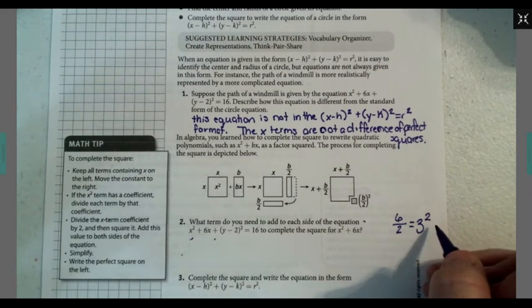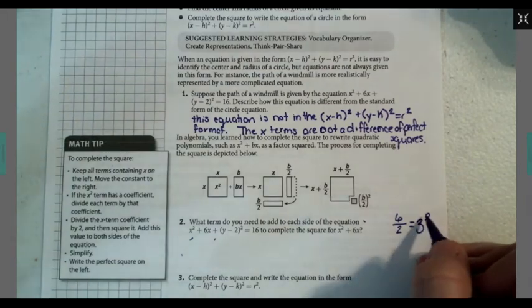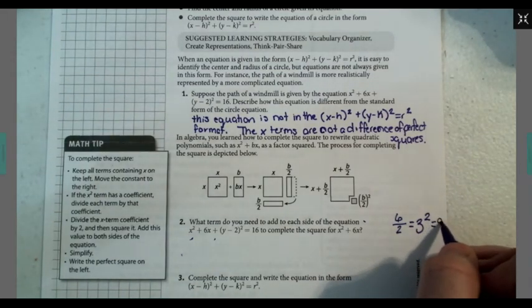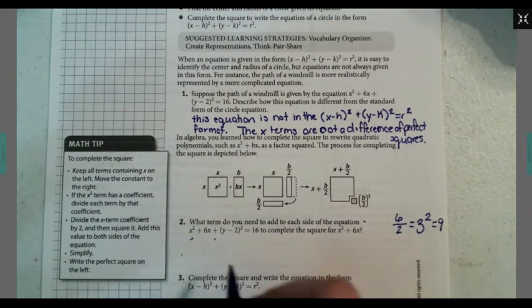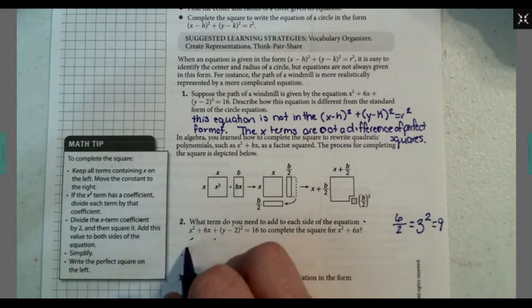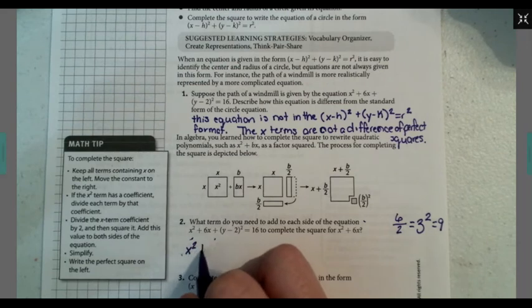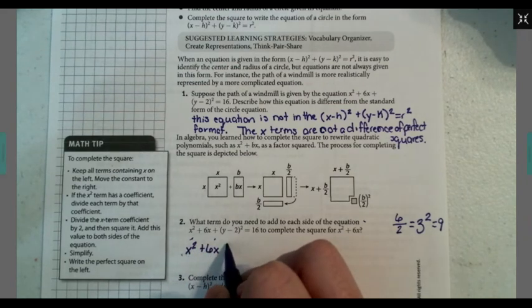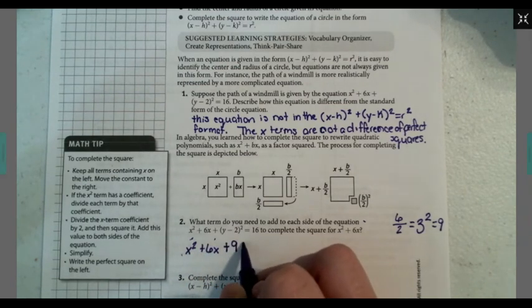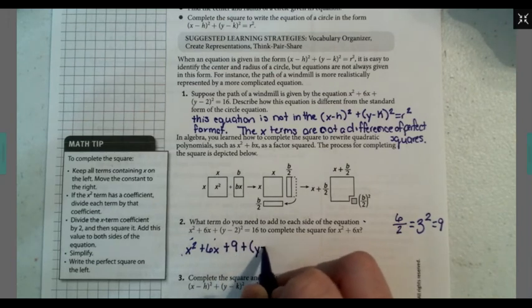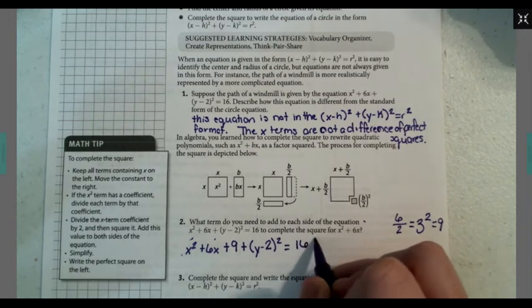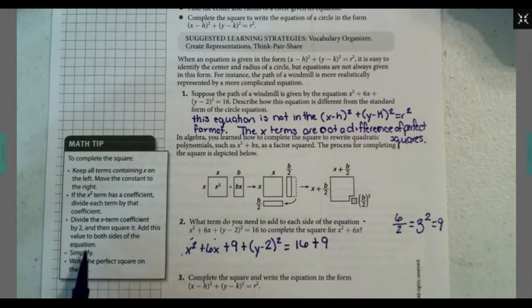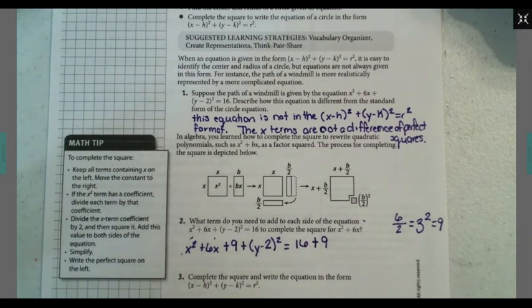So what term do we need to add to each side of the equation? Well, what is 3 squared? 9. So we would do x squared plus 6x plus 9 plus y minus 2 squared equals 16 plus 9, because it says add to both sides of the equation.